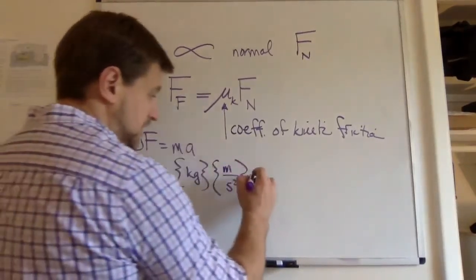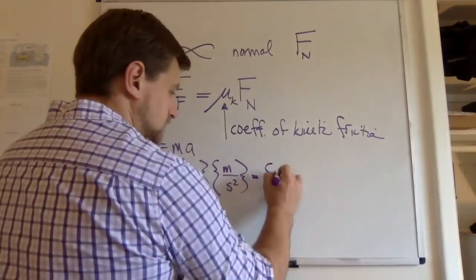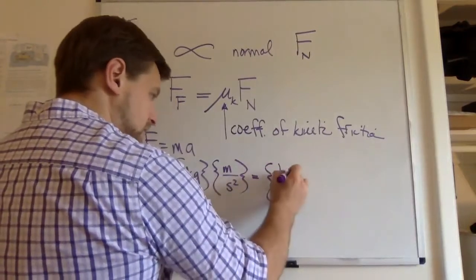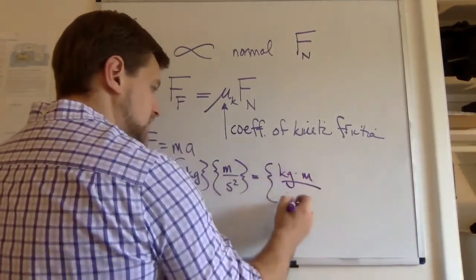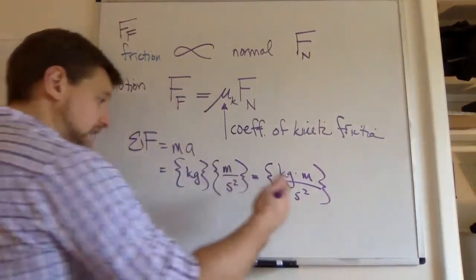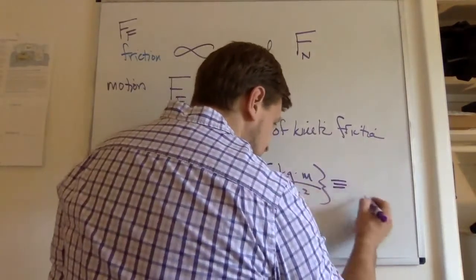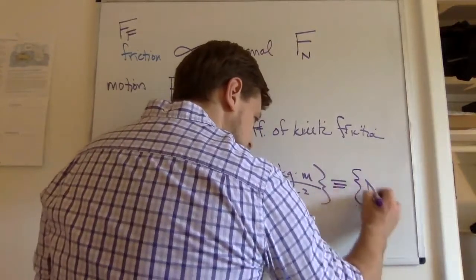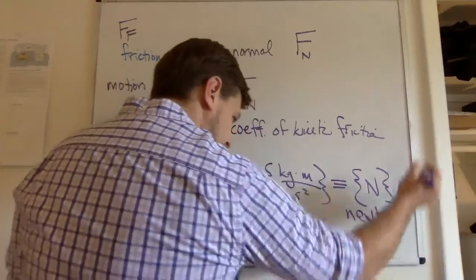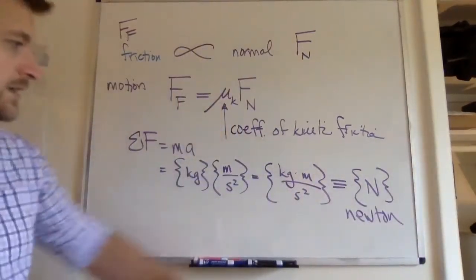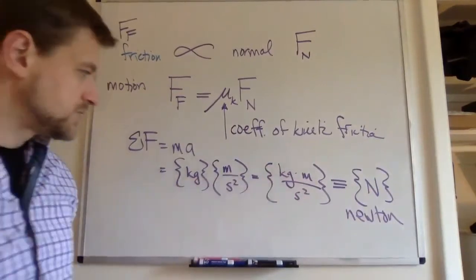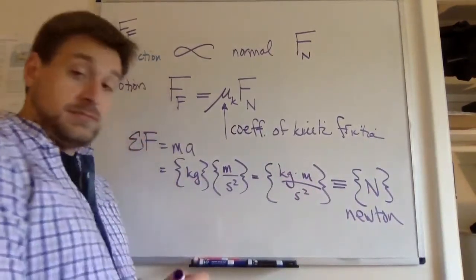So force apparently has the unit kilograms meters per second squared, which is kind of a mouthful. That's a lot to say. So let's define one Newton as 1 kilogram meter per second squared. Newton is a lot easier to say.